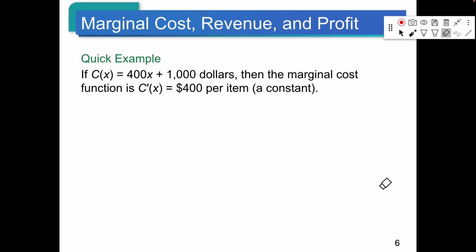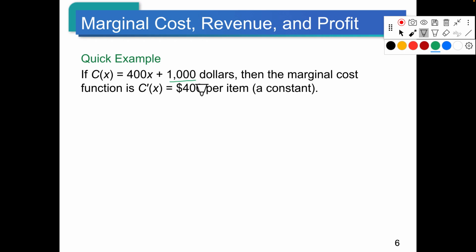So here we go. Linear function, right? We could think of this in algebra. What is the $1,000 here? C of x equals 400x plus $1,000. Those of you in supply chain know fixed cost and variable cost, right? 1,000 is a fixed cost, the setup cost.